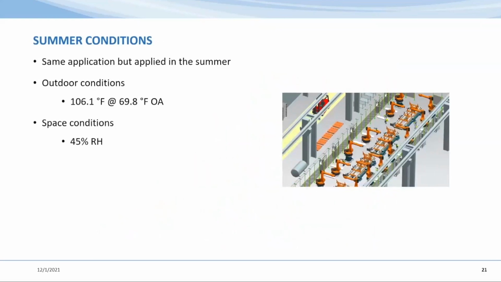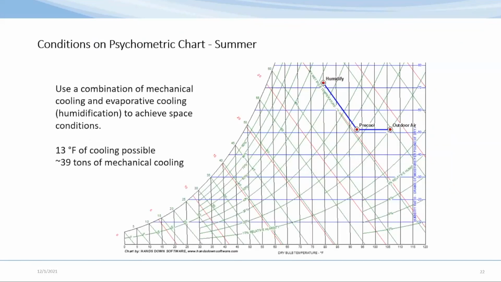So looking at that same application, but in summer conditions, what do we have coming in from temperature and what are we trying to target? Looking at this again from a psychrometric chart perspective, we can't do this alone with adiabatic cooling, and evaporative cooling, that term, which would be, quote unquote, free cooling.